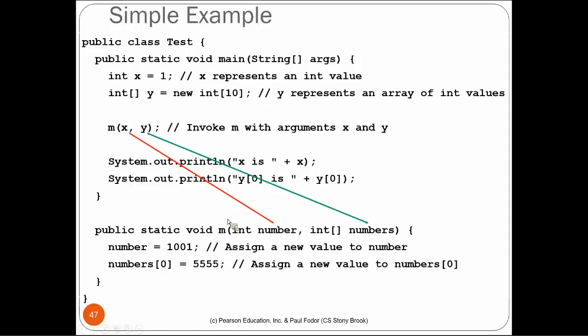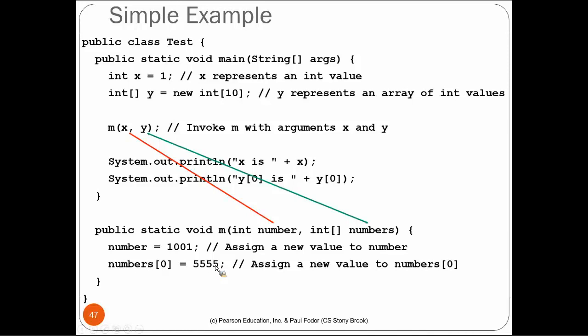We pass both variables to a method m that takes an integer and an integer array, and within the method m we modify both the number, which is a primitive type variable, and numbers of 0, which is in the array of integers. When we return from that method and we print the value of x, x is still 1. If we print the value of y of 0, it will be 5555.